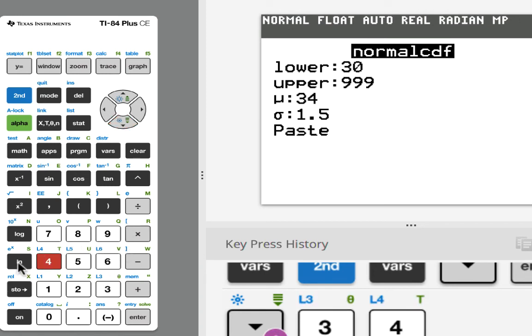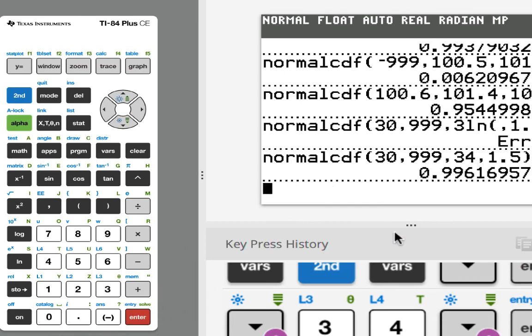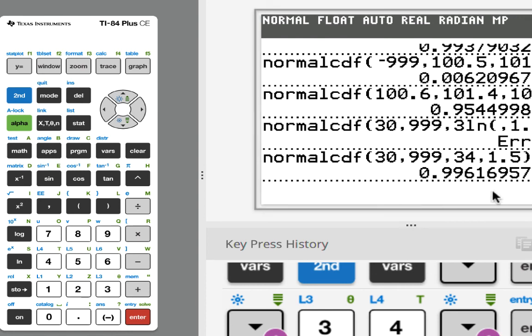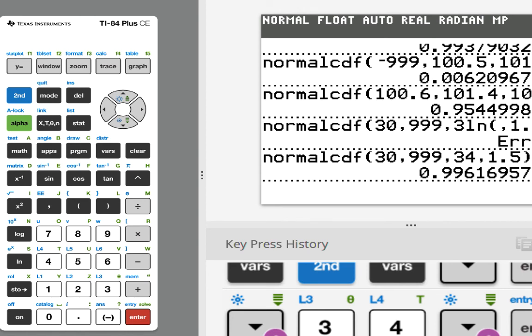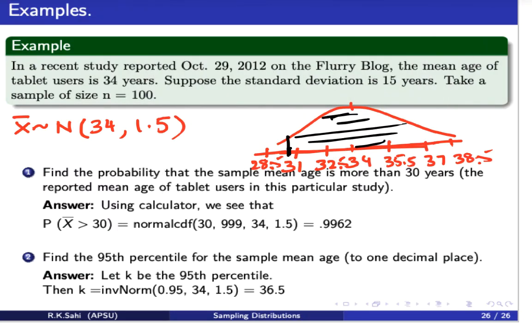I think I hit the LN button. Okay. Cursor down, down, enter, enter. 0.9961. Let's see, is that what I have? 0.99616, which is roughly 0.9962. Yep, that's what we have.